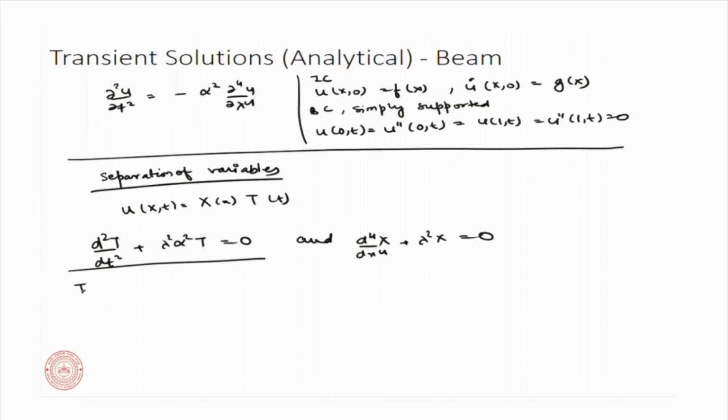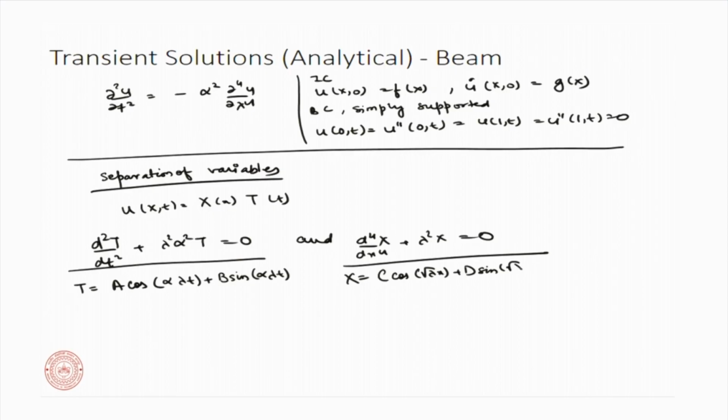From this, we can find t equals a cos alpha lambda t plus b sin alpha lambda t. And x equals c cos root lambda x plus d sin root lambda x plus e cos hyperbolic root lambda x plus f sin hyperbolic root lambda x. These are our variables and our constants.